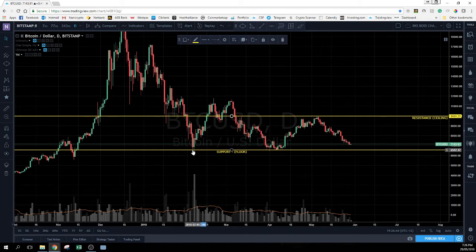We can see that it touched once over here, well, kind of twice, but considering it was 1 day apart, we'll say once there, did a very small bounce there, did another one over here, and now it's looking at a third time.